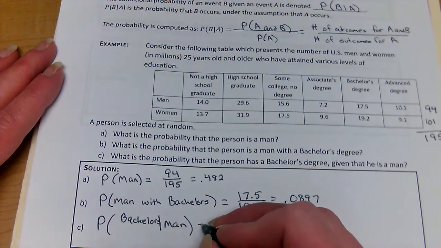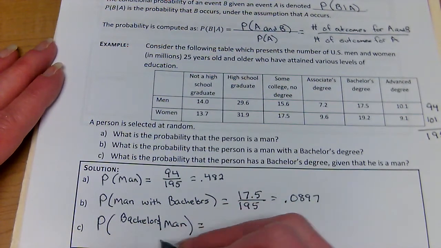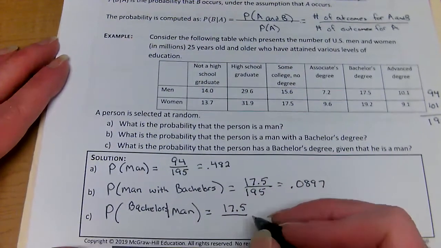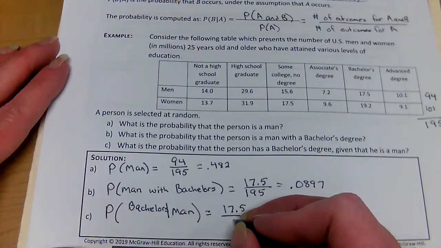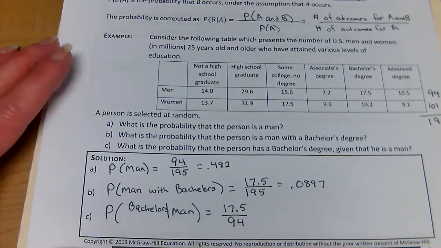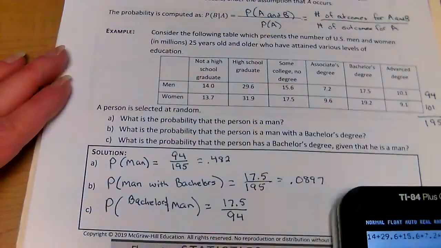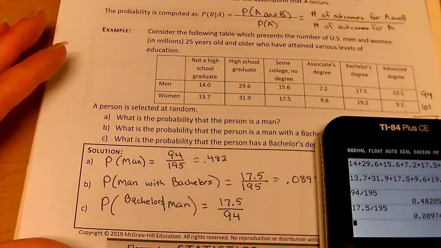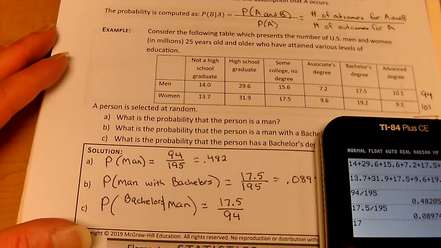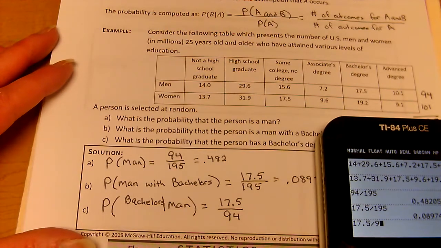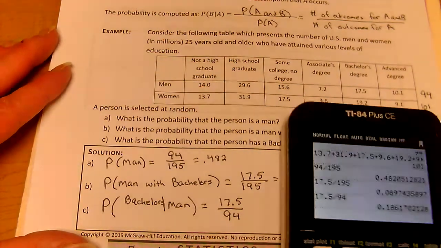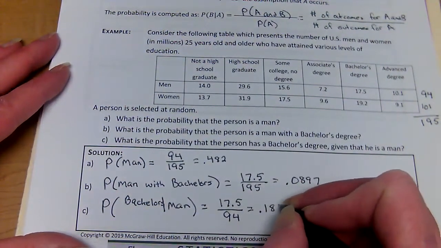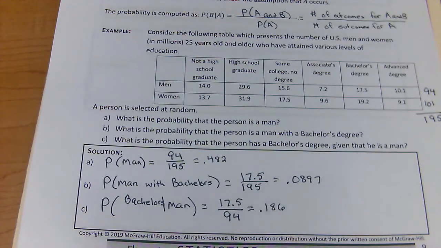So the number of people that are man with a bachelor's was 17.5, divided by the total number of men, which is 94. So if we know the person's a man, what is the probability that that man has a bachelor's? And I got 0.86. Notice it's higher because we've already reduced the sample size to only have men in it.